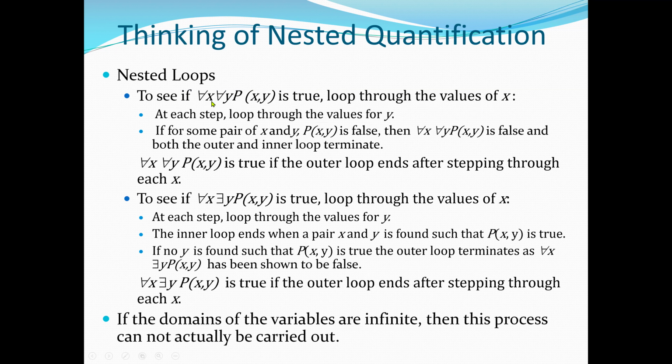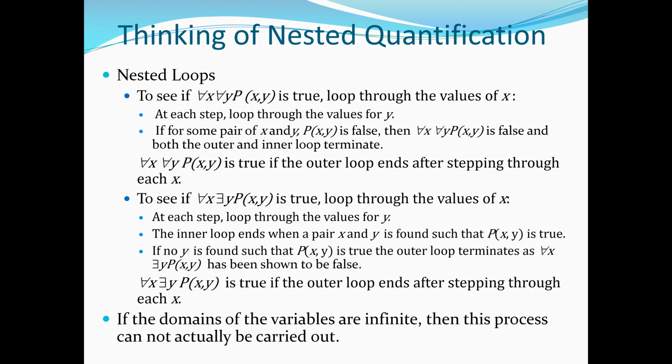Here we have some values of x and also some values of y, and P of x and y is true. So we have to go through the values of x, and at each step, we're going to loop through the values for y. So it's again a nested concept.